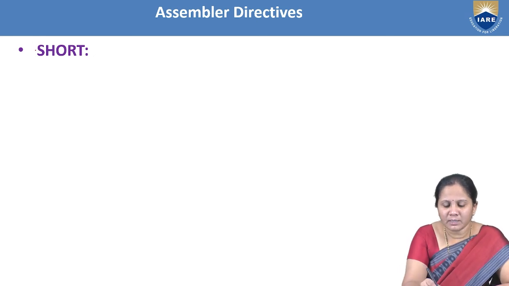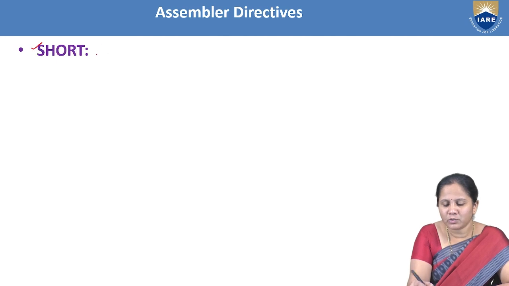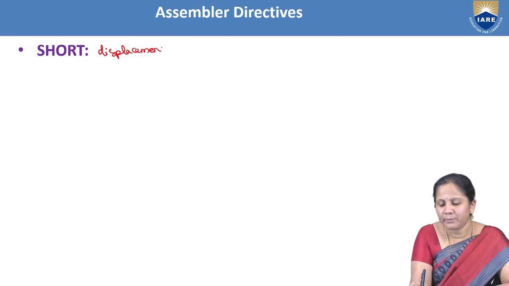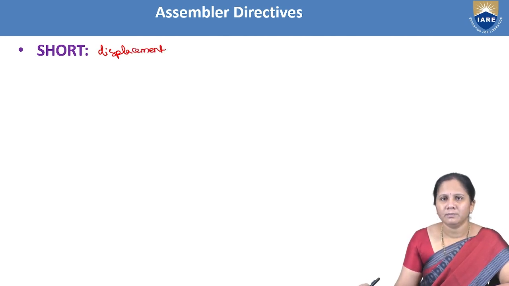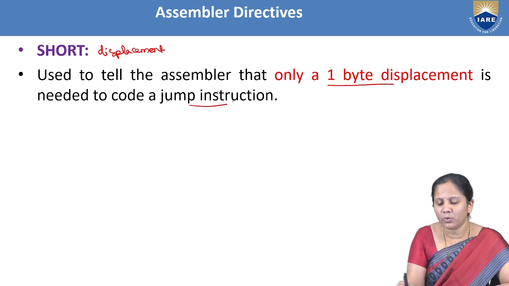And the next assembler directive is short. Short mainly represents the displacement value. It is used to tell the assembler that only a 1 byte displacement is needed to perform a jump instruction.